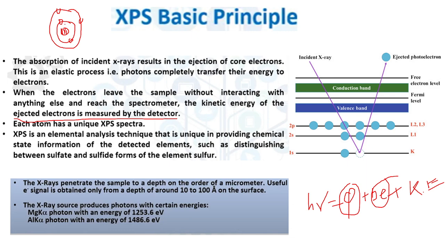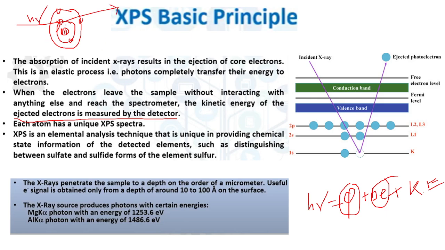For each electron, the binding energy means how much energy is required to eject it from the nucleus to an infinite distance, so it is fixed for each electron. Now, when I irradiate with radiation of energy hν, this electron is ejected.